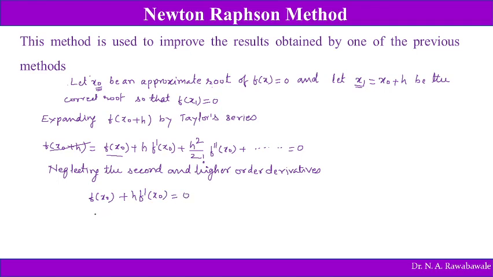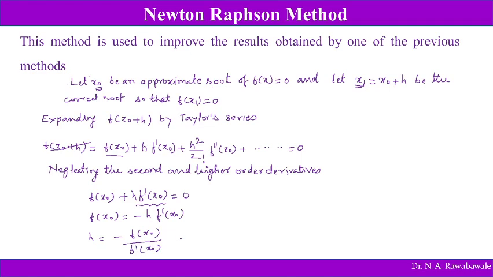On simplification, f of x naught is equal to minus h f dash of x naught. Transferring the second term to the right hand side, we get h is equal to minus f of x naught divided by f dash of x naught.